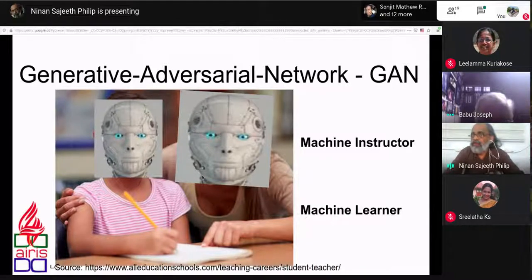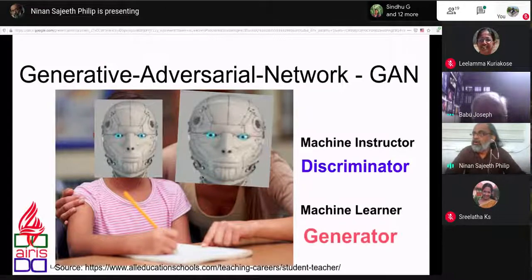I'll be going through just one or two of them, which we have been using recently. So in machine learning, the machine instructor is called a discriminator, and the learner is called a generator. There are some minor differences between the instructor and the learner here, which we'll see as we proceed.